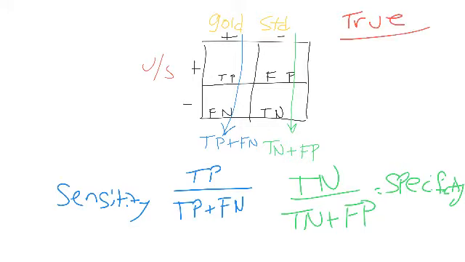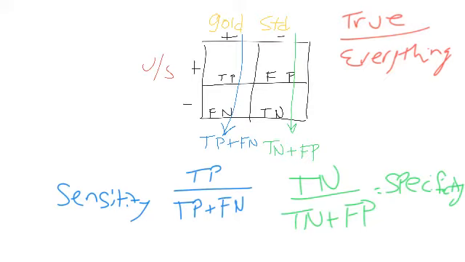True over everything. Okay? True over everything. So if you're dealing with that column that is blue, the sensitivity column, you put the true over everything else in the column. Boy, that was easy, right?